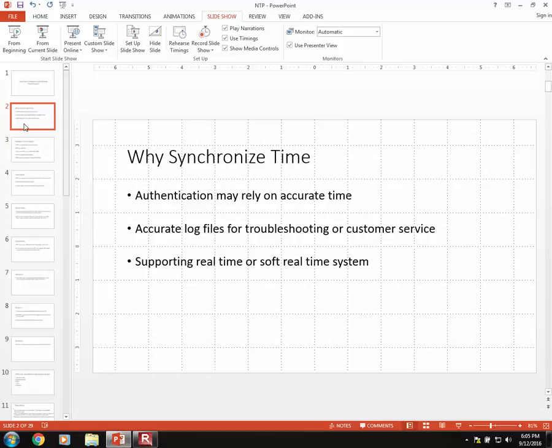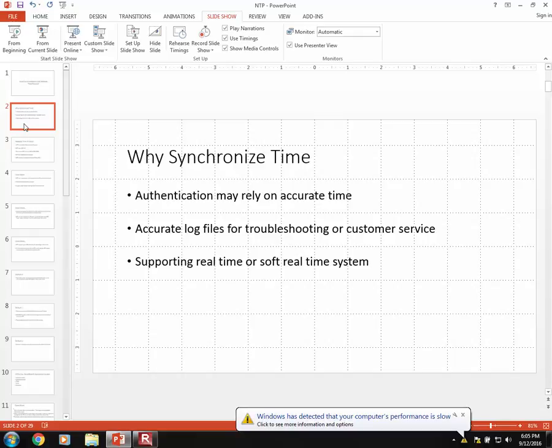Also, in any network where you have to keep log files to troubleshoot when a situation has occurred, whether it's a security breach or maybe some customer has some difficulties.